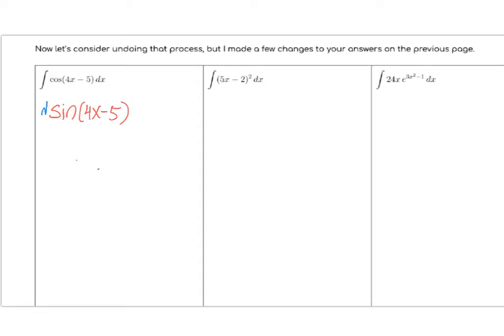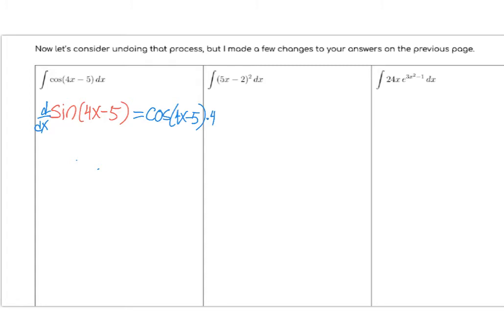However, if we were to take the derivative of sine of 4x minus 5, we end up getting that same thing that we had before: cosine of 4x minus 5 times 4, because of that chain rule. So that's not the same thing that we have inside our integral, and that's kind of weird.